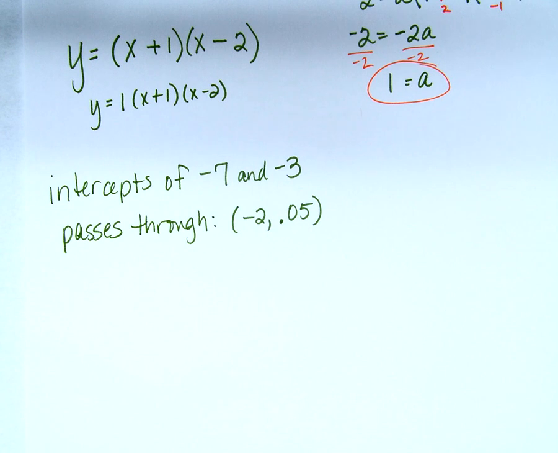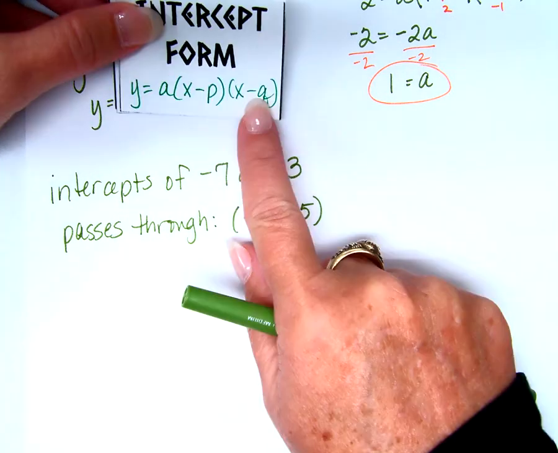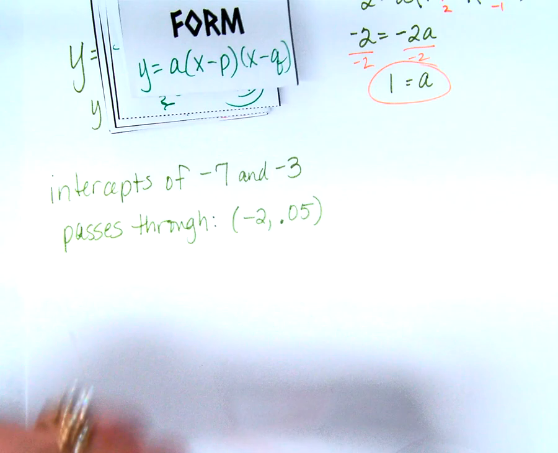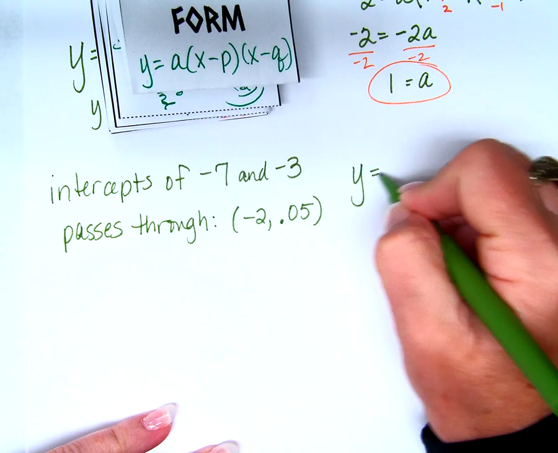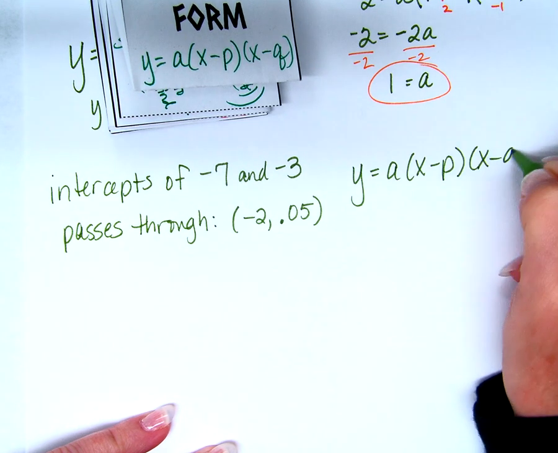Label what we know, or we could find which equation we should use. Which equation should we use? They gave us intercepts, so are you okay with using intercept form again? So y equals a times x minus p times x minus q.